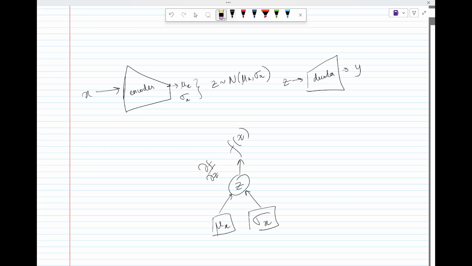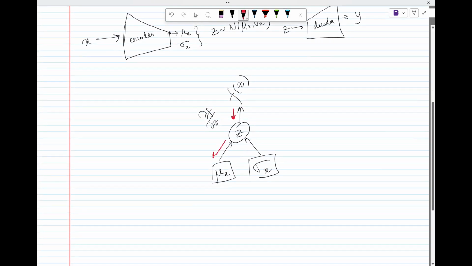Now you can't really do dz by d mu, because z is not a function of your mu. You are sampling z from a distribution parameterized by mu and sigma. Z is a random variable.